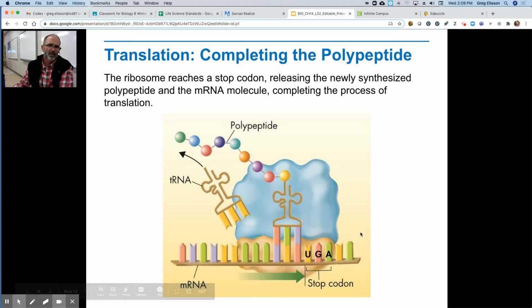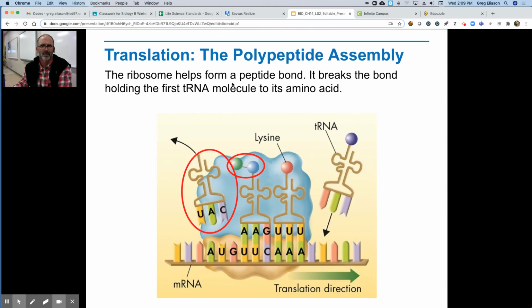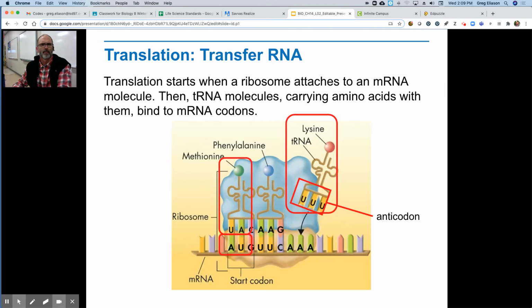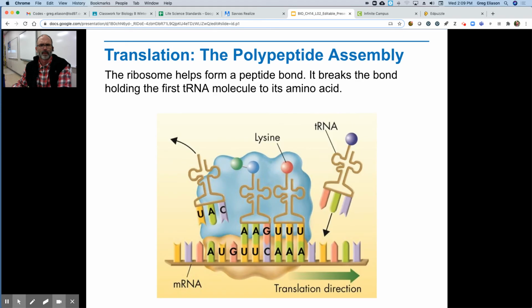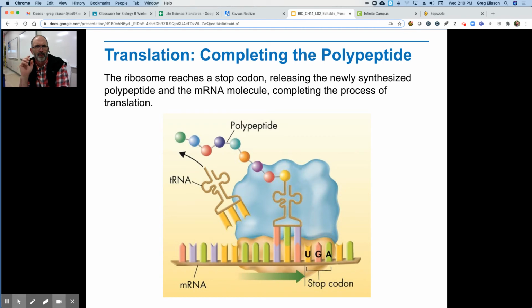Once the ribosome reaches a stop codon, it releases that newly synthesized polypeptide.